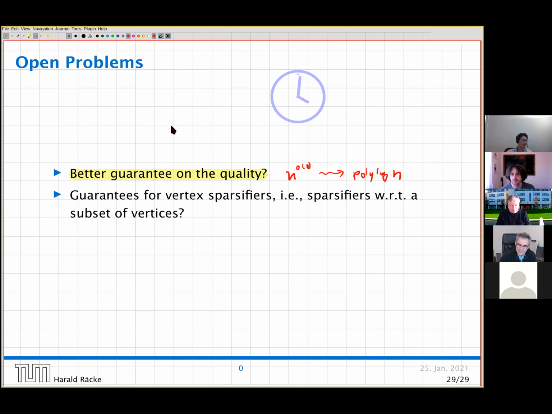Right. And in some sense, in our construction, we use the cut matching game as a black box. Saranurak Wang uses the cut matching game also as a black box. And now if you just plug in a different version of the cut matching game, you get deterministic results. I see. But the results are weaker because the parameters in the cut matching game are weaker. But they are still n to the little o of 1. Right.